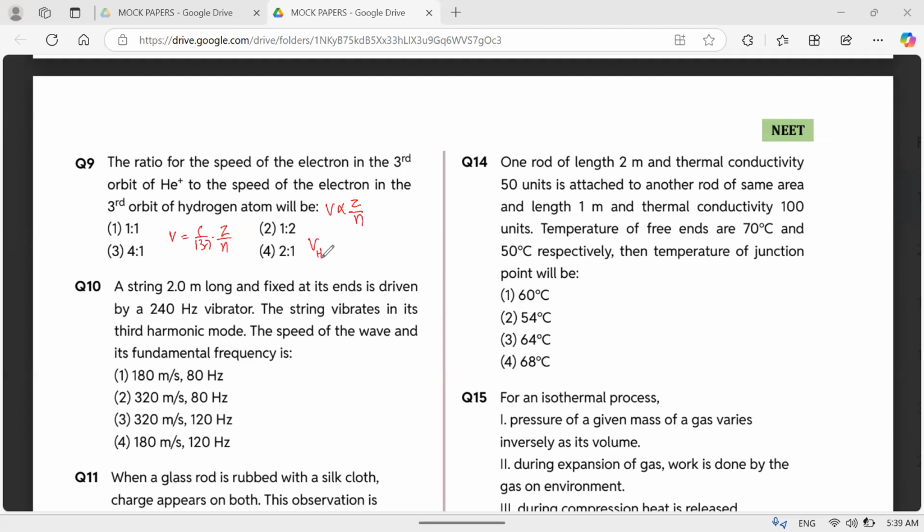So the velocity of helium is proportional to 2 divided by 3, and the velocity of hydrogen is proportional to 1 divided by 3. Let's take the ratio V of helium divided by V of hydrogen. That is equal to 2 into 3 divided by 3 into 1. The 3s get cancelled, so it is 2 is to 1. Fourth option, 2:1.